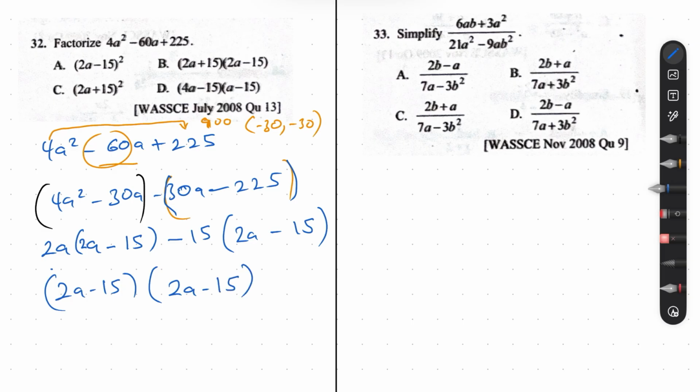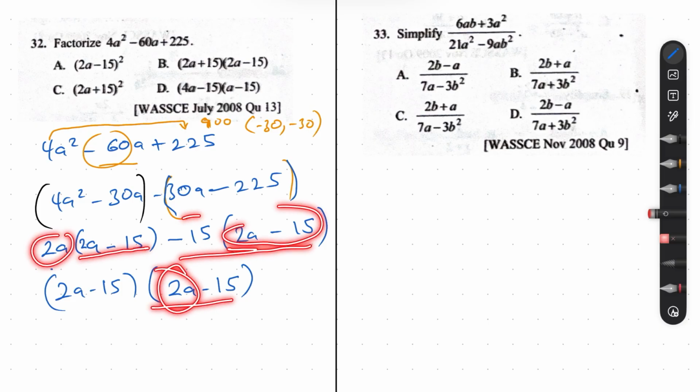Okay, cool. Now this looks like something. This is the same as this. How do we get this in the first place? Because if you factor 2a minus 15 out from here, you get 2a, which is here. And on this side, you factor 2a minus 15 out, you're left with 15, so minus 15.